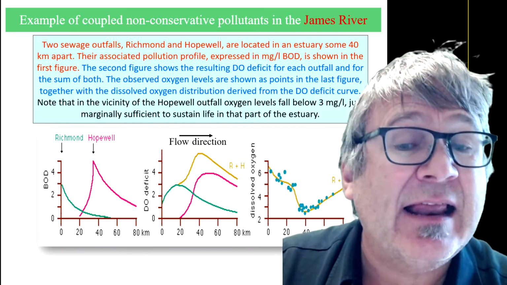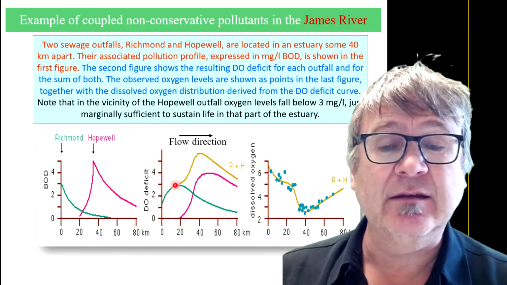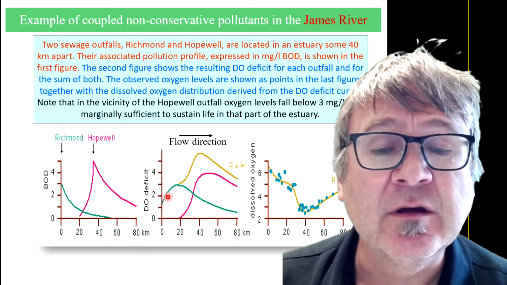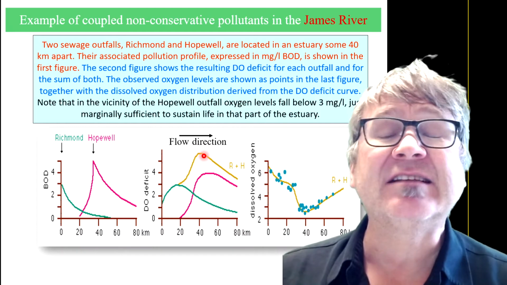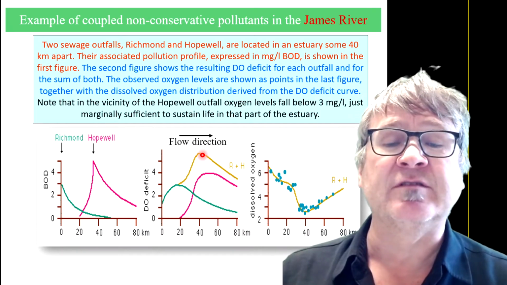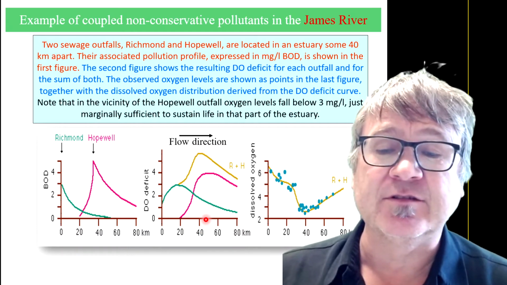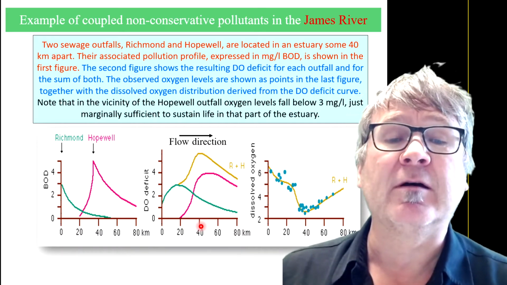You can actually add up both curves here from Richmond and Hopewell. You get a combined curve which predicts your region of the expected maximum of the dissolved oxygen deficit, which is here at around 40 kilometers, which is downstream from the Hopewell plot.